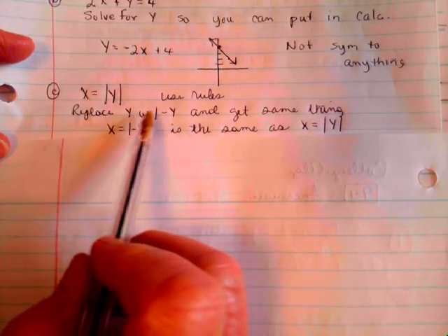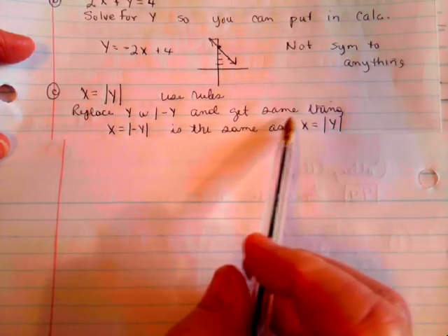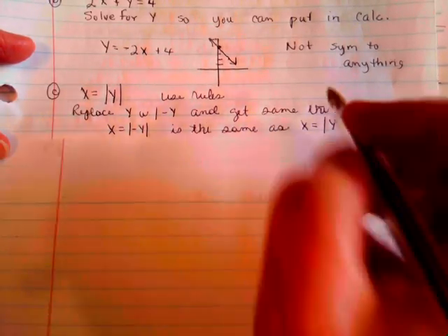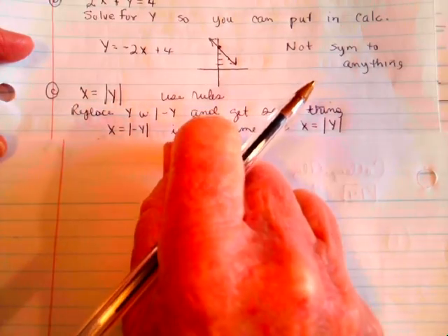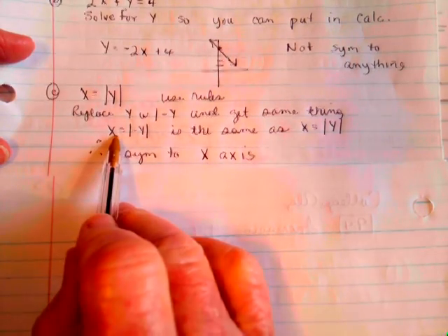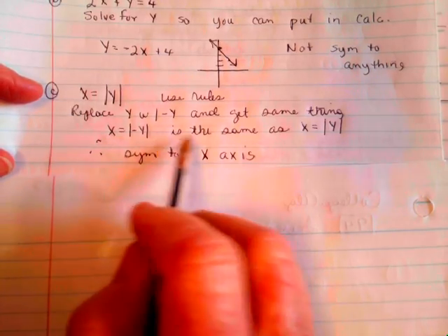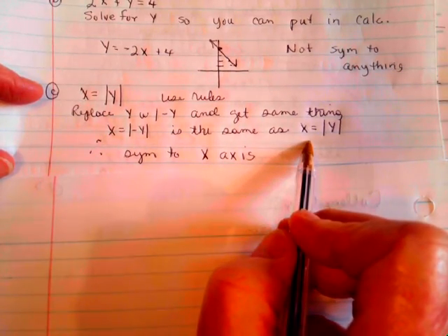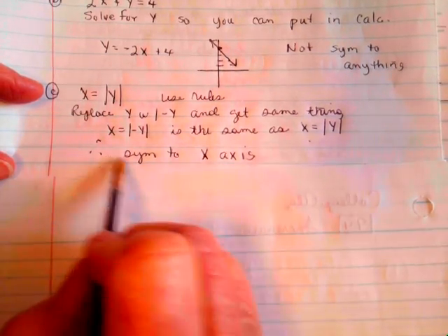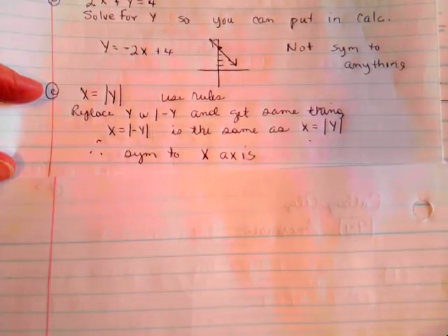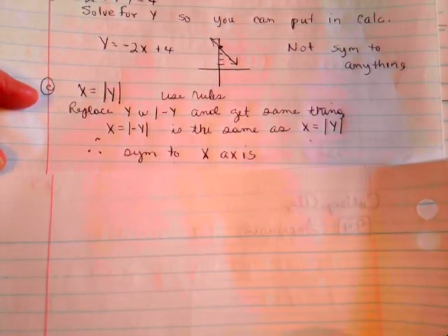When I replace y with negative y, I get the exact same thing that I started with. So x equals the absolute value of negative y is the same thing as x equals the absolute value of y. Therefore, this is symmetric to the x-axis. Very few that you will have to use the rules on, but that one you do.